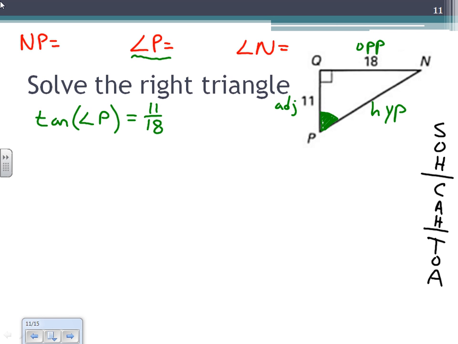So Cleo, what's my next line going to read? Inverse tangent of 11 over 18. Thank you for saying inverse tangent and not tangent to the -1.